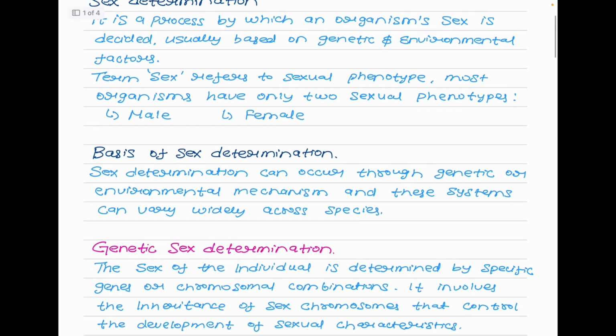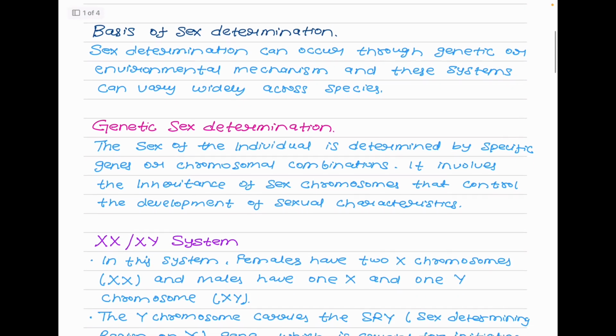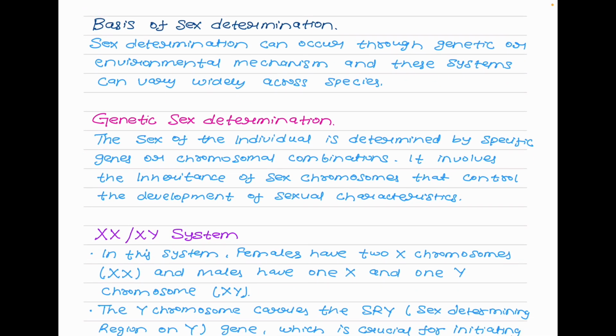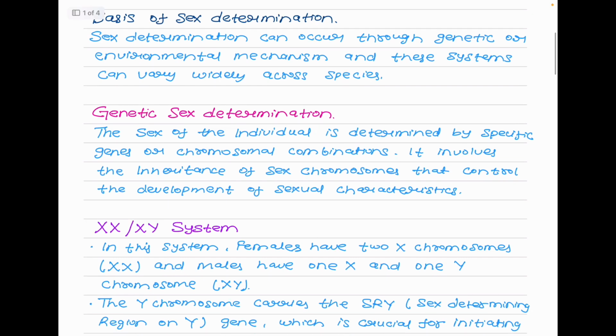In this video, we'll explore the genetic basis of sex determination, including systems like XX/XY, XX/XO, ZW/ZZ, and haplodiploidy, as well as environmental sex determination, where factors like temperature, social structure, and even pollution play a role.